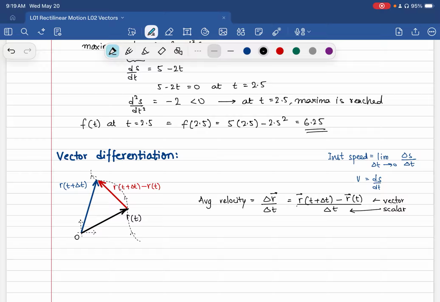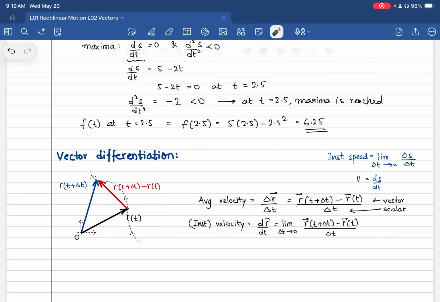Okay. Now, if you were to convert this to instantaneous velocity, which is by definition, if you just called it velocity, this is dr over dt, which is the limit of delta t going to zero of the same difference divided by delta t.